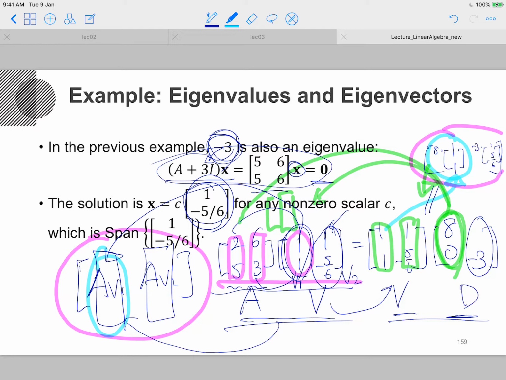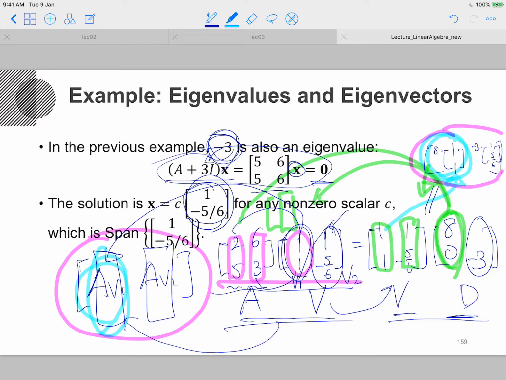So if we decompose it into multiple equations, column by column, then the first equation will be A V1 is equal to lambda 1 times V1, right? So that actually gets back to the original definition of our eigenvalue and eigenvector equation, right?